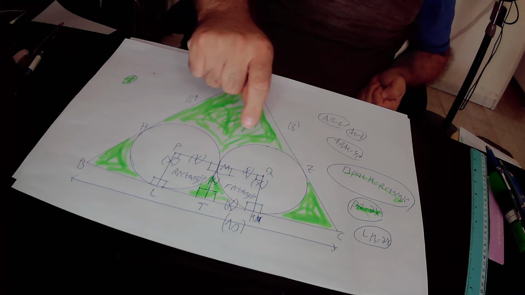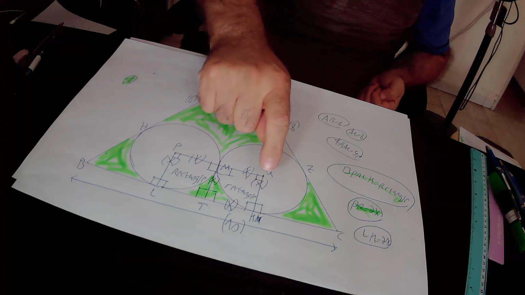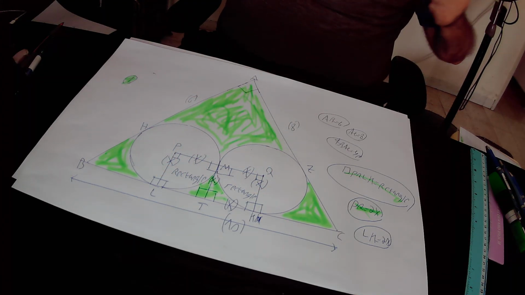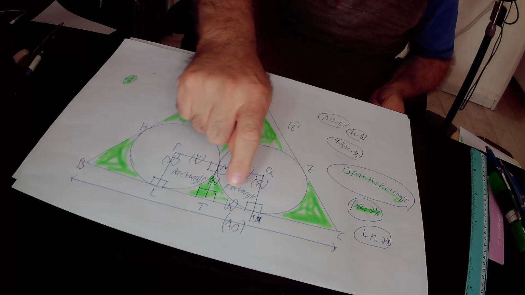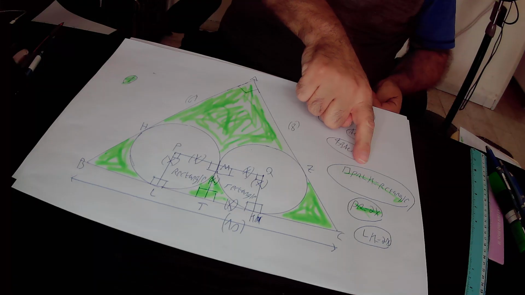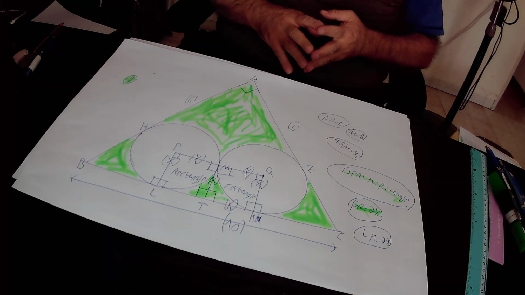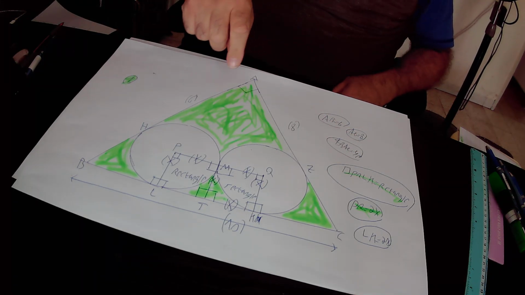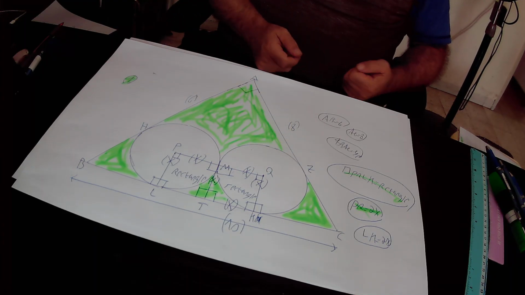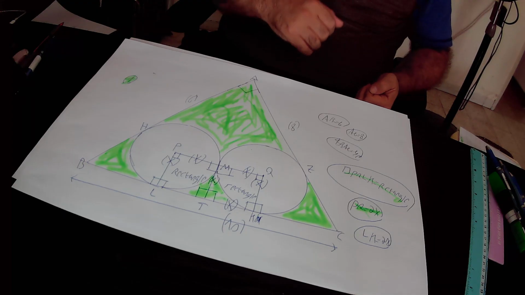The big quadrangle PQKL has 1, 2, 3, 4 right angles, and therefore the big quadrangle PQKL is a rectangle. In the next step, I copied the big rectangle PQKL in a new page, and then we did the construction in the new page.